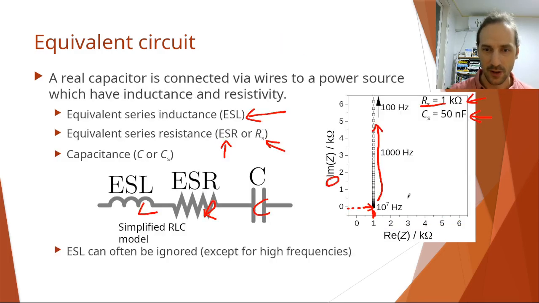If we compare it to our previous one, the simplified RCL model, every point is basically, you can say, the x coordinate is just the RC, and from this is going to be the x. So the capacitive reactance here, and from the capacitive reactance you can calculate the capacitance directly.